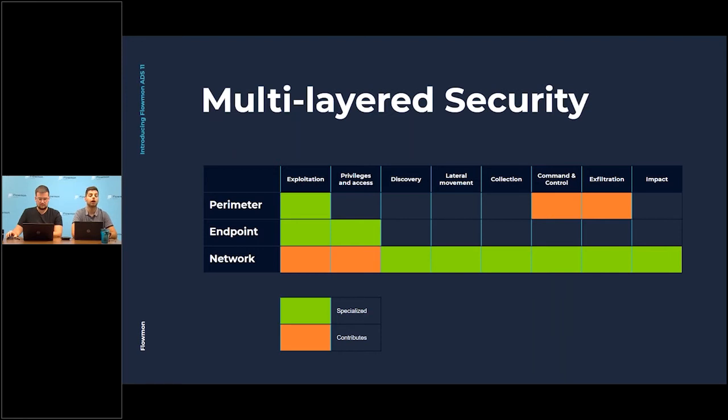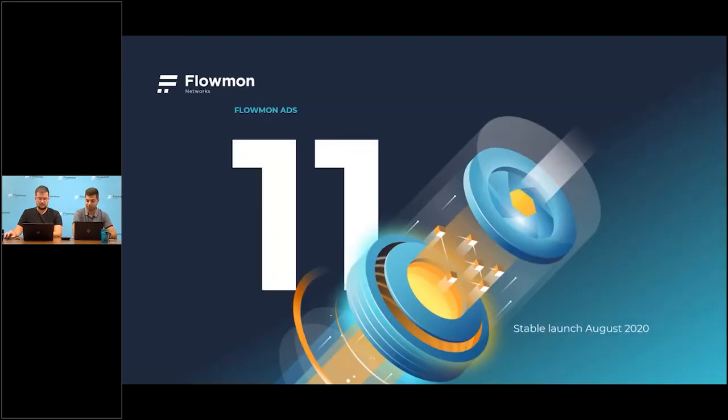As you can see, network, which is our area of expertise, actually looks at indicators of compromise across the whole life cycle and helps understanding the current state of a breach and helps to respond to them. So it is a great way to complement your traditional security.